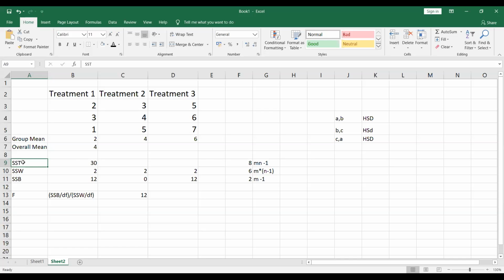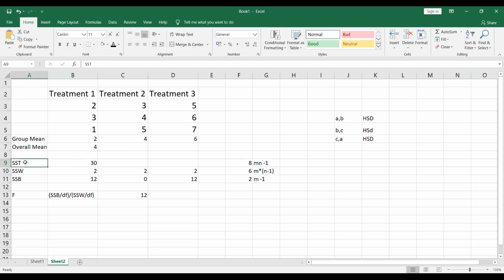So I will do 2 minus 4, take a square, then 3 minus 4, take a square, plus 1 minus 4, take a square. That way I will continue, and I will arrive at this total sum of squares, right?